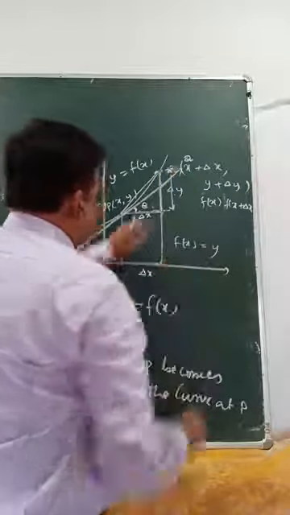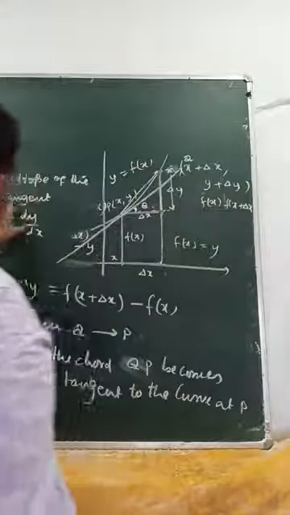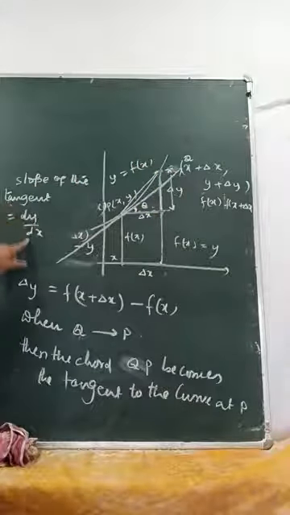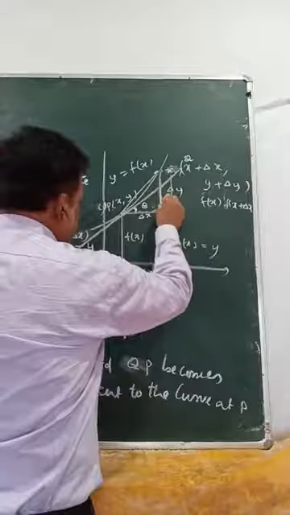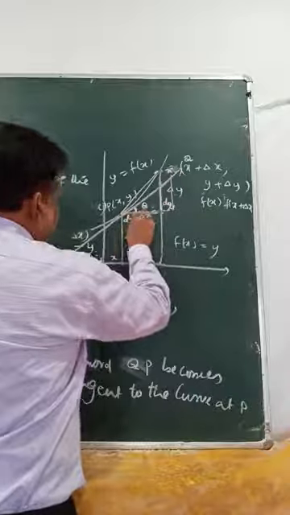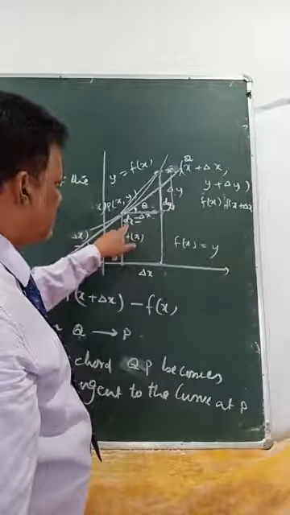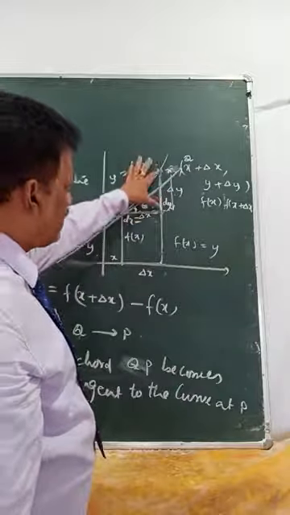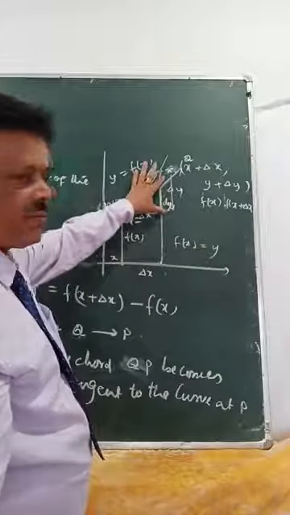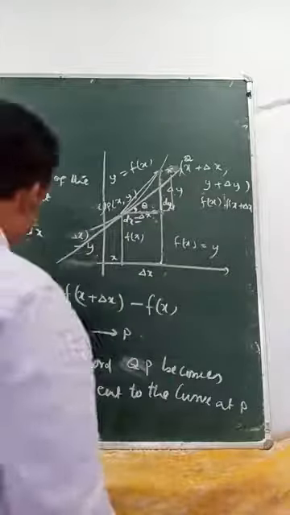Delta y is the increment. Here the slope of the tangent you find is dy by dx. This portion becomes dy, and this becomes dx. That means our increments delta x and dx are both the same, whereas delta y and dy are not the same. This is different here.